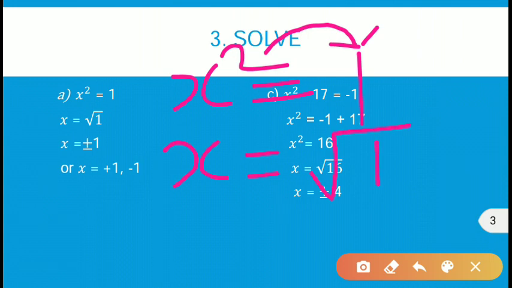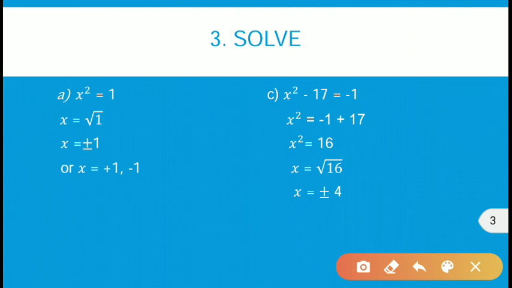When you remove this under root, it gives you plus minus 1, because 1 can be written as 1 into 1. This is one pair, and from this pair you write 1 only. X is equal to plus minus 1 means x is equal to plus 1 and x is equal to minus 1. Let's repeat this question.